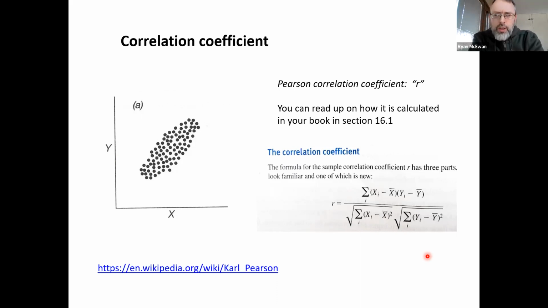This is the formula for this, and you'll recall, probably not, but earlier in the semester, I talked a bit about sum of squares, mean value, subtract each value from that, then you sum that. So now we've got x and y.